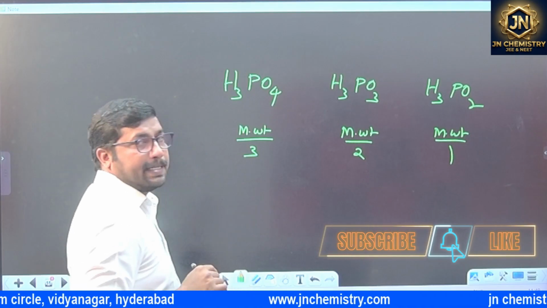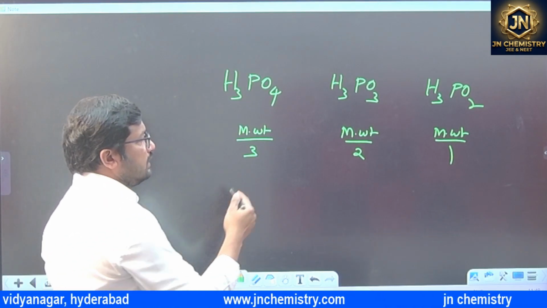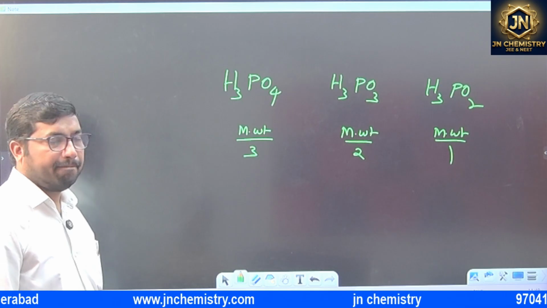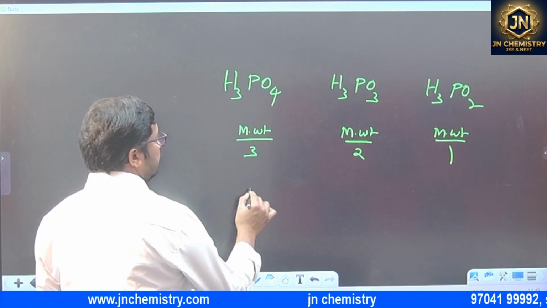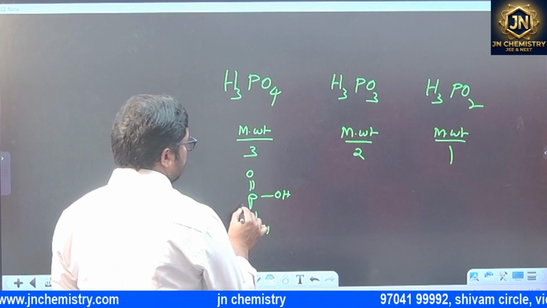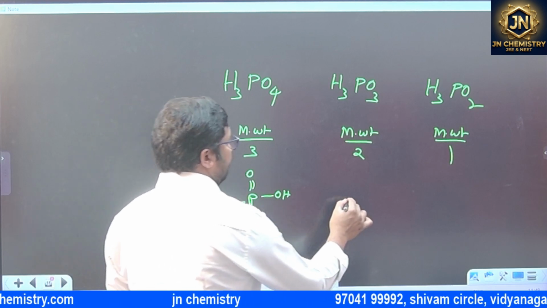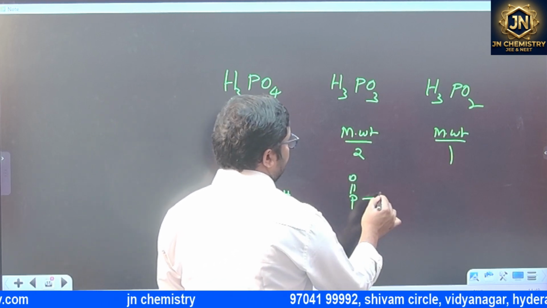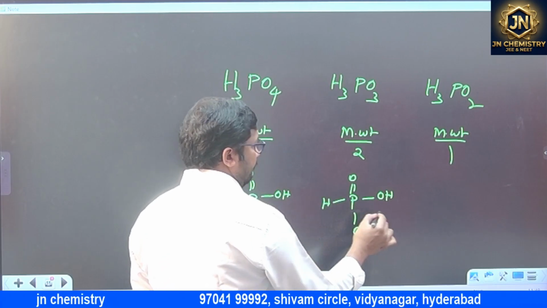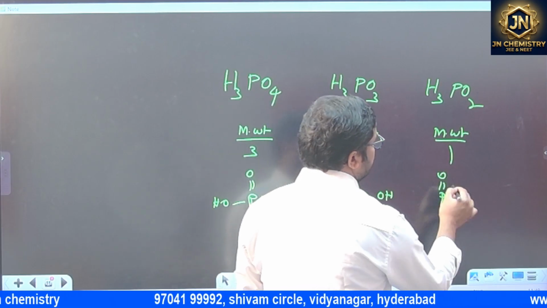So why is it 2 here and 1 there? They all have 3 hydrogens. Acidic hydrogen means what? Attached to oxygen. You need to know the structures.